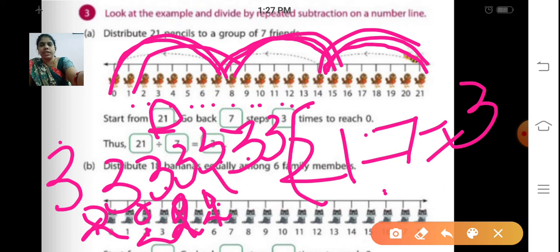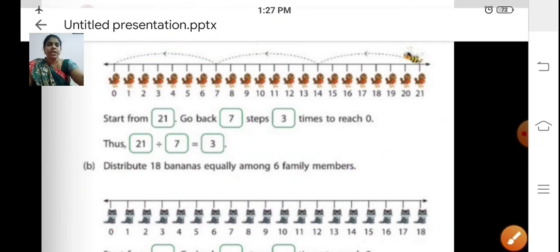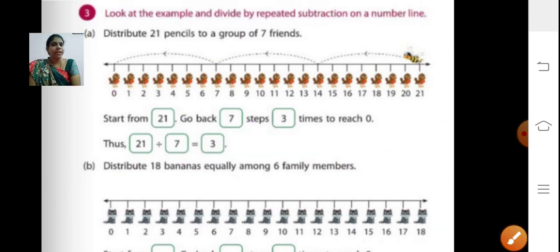So each one will get 3 pencils. So 21 divided by 7, the answer is 3. So you know how to do repeated subtraction on a number line, isn't it? First we have to start from that number, here in this example 21. So you have to go back.